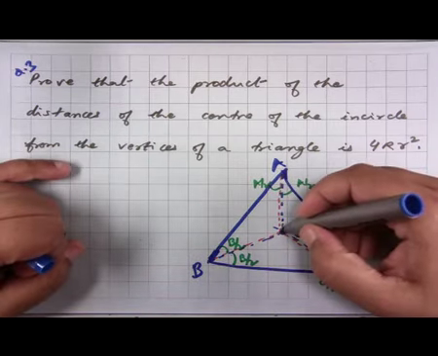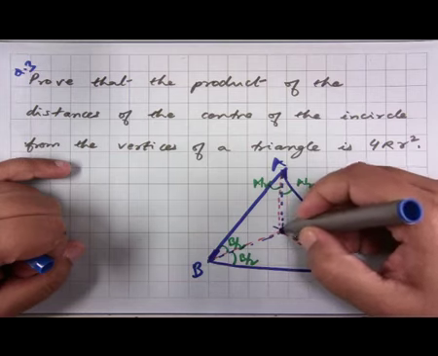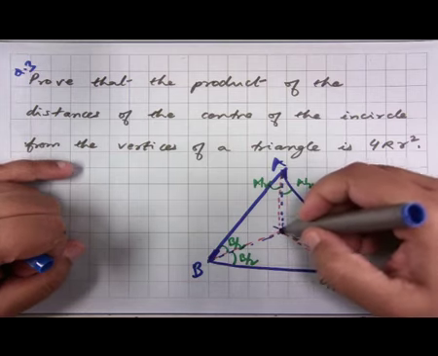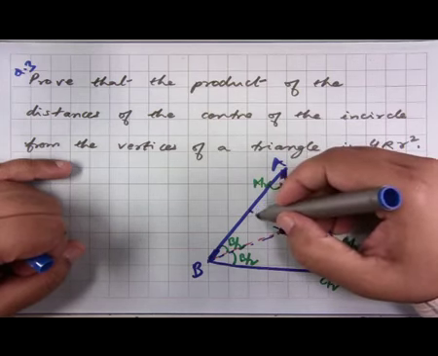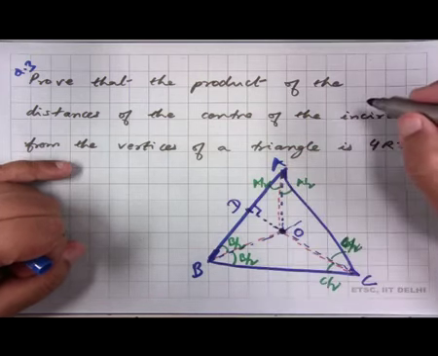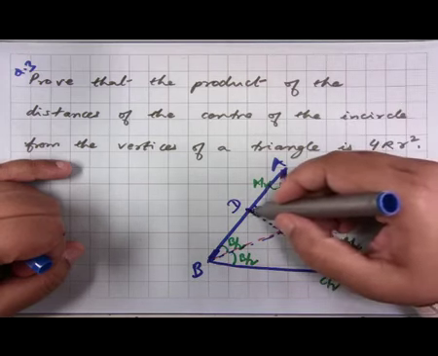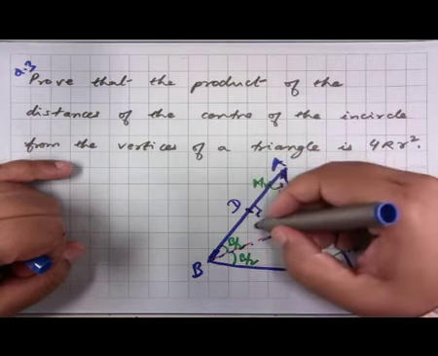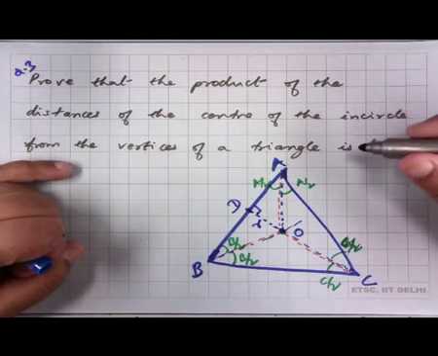So, let us drop perpendiculars from the incenter to each of the sides. The length of this perpendicular is of course the inradius or the radius of the incircle.